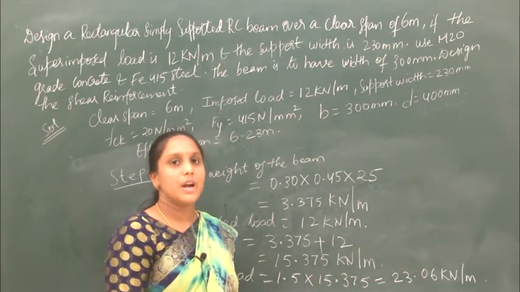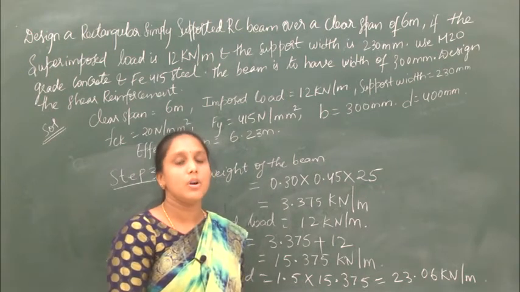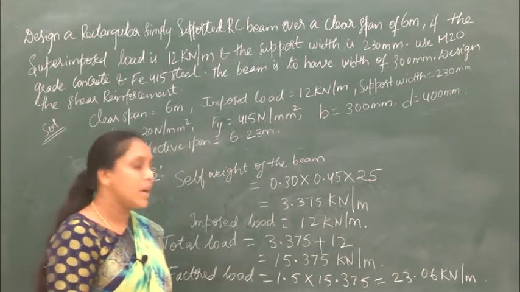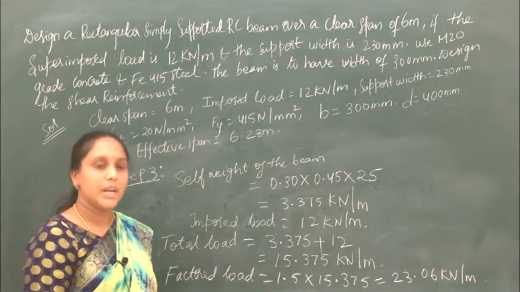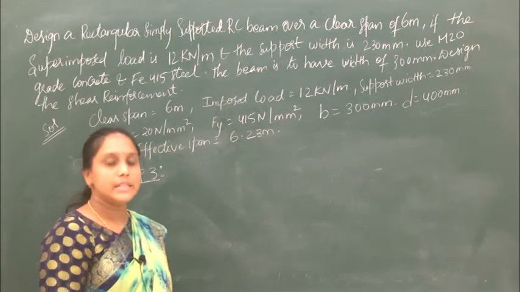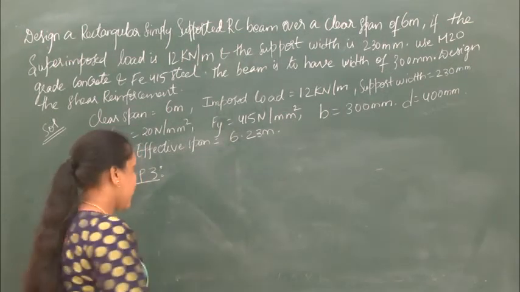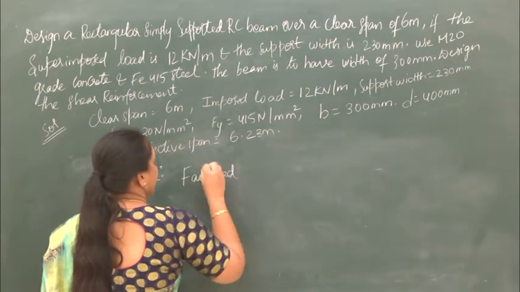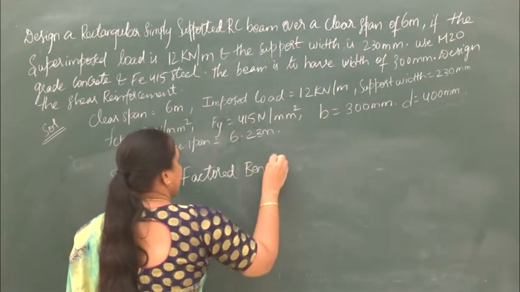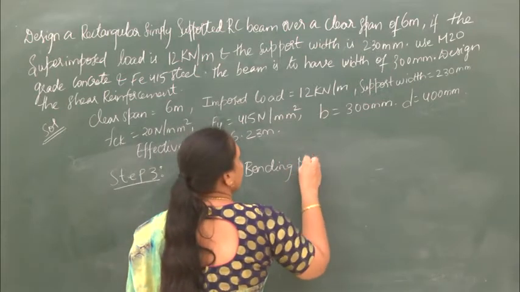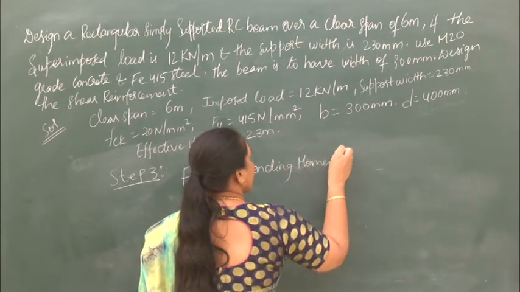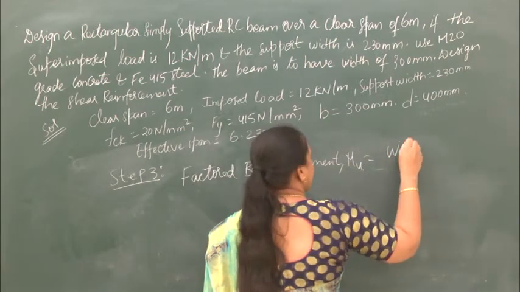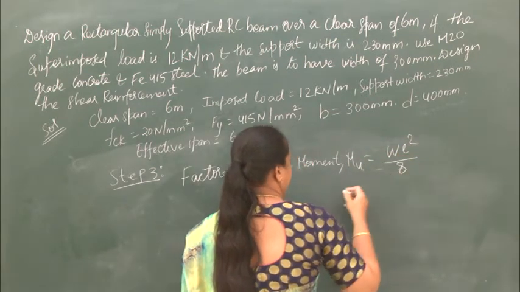From this factored load, you have to calculate the factored bending moment. So now let us calculate the factored bending moment. Mu is equal to WL square by 8.